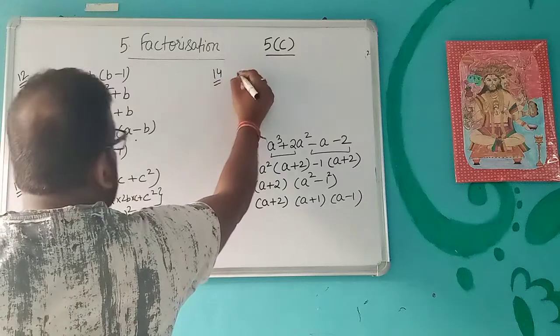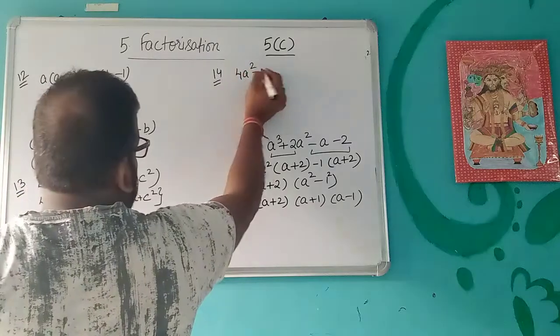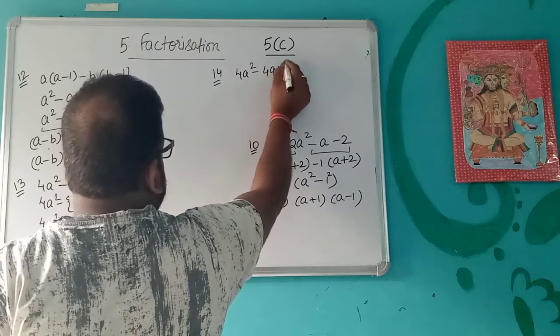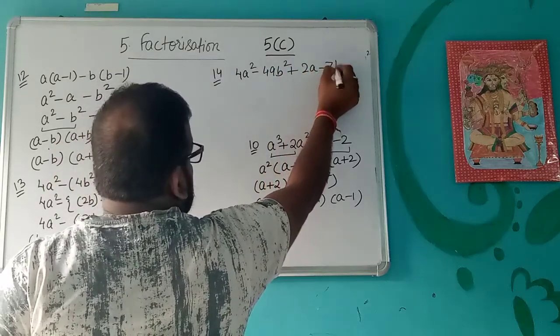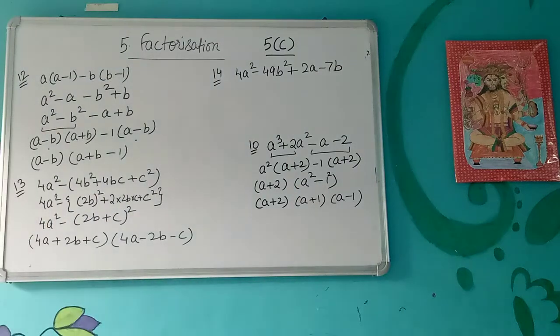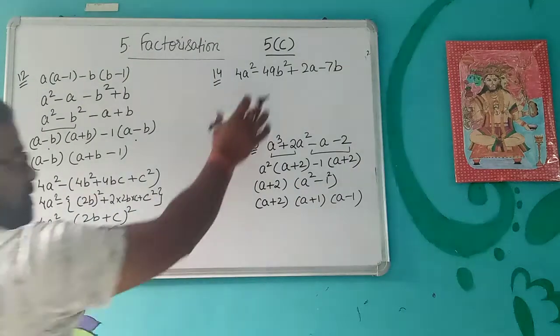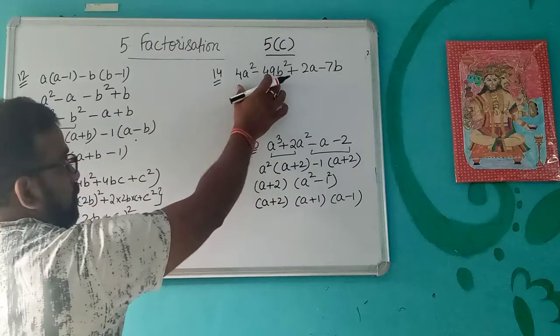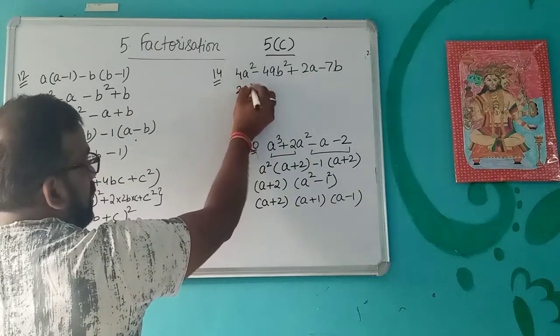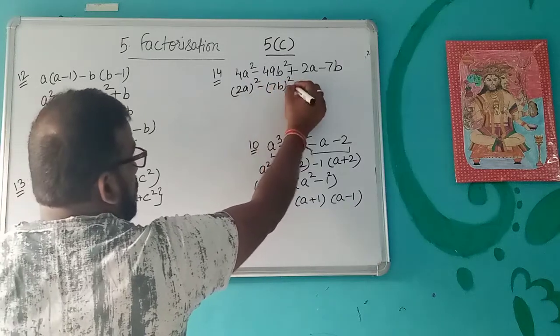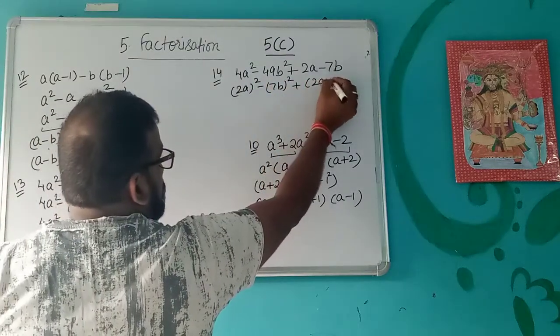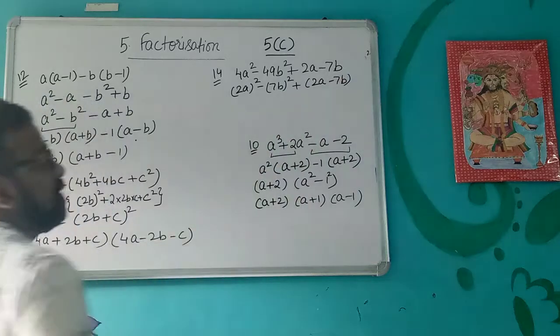Then problems like this: 4a square minus 49b square plus 2a minus 7b. So in these problems, see, this part cannot be factorized, but this can be factorized as (2a) whole square minus (7b) whole square, and then 2a minus 7b.